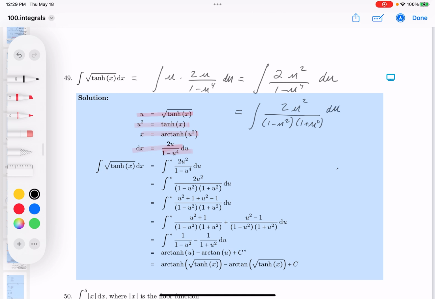All right, and looking at this, you could break up the 1 minus u squared into two factors as well. But I'm starting to see that u squared on top, and I'm going to try to get this into two terms now. I got u squared plus u squared.